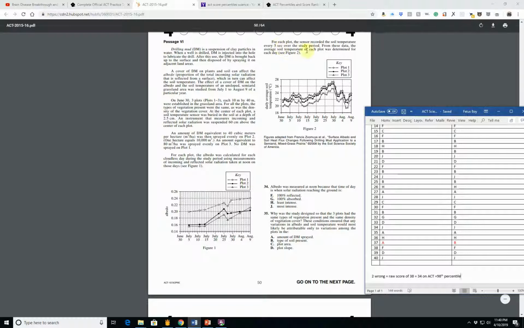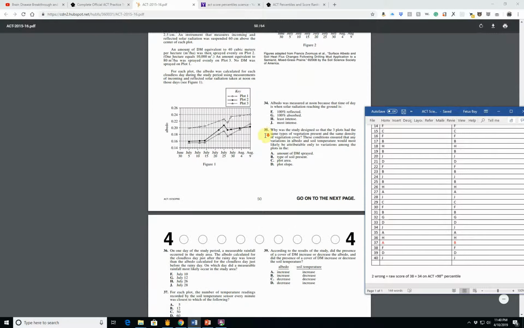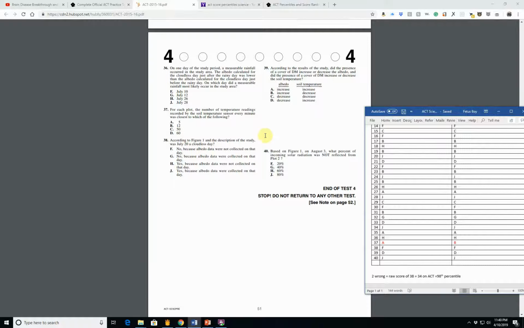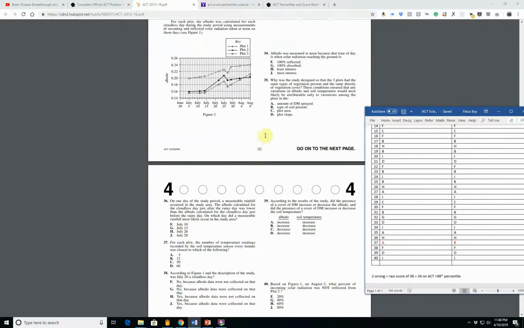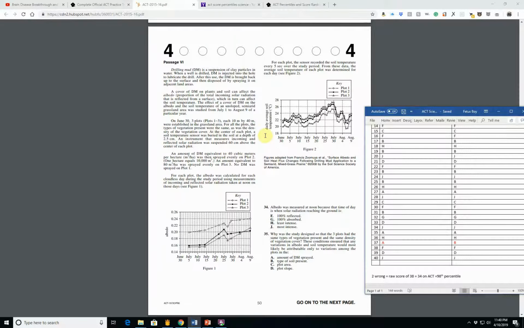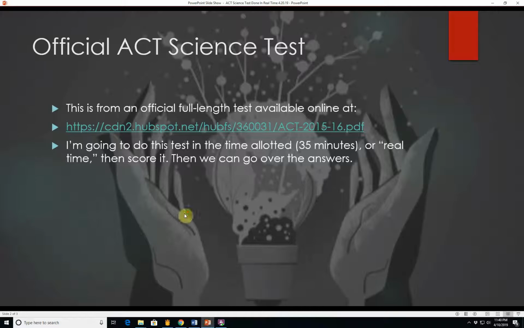Oh, okay, it's here. I was just counting the number of data points, but what you have to do is every 5 seconds, so that would be 12 per minute. That's one of the ones where you had to actually read the passage rather than just look at the graph. So there you have it.